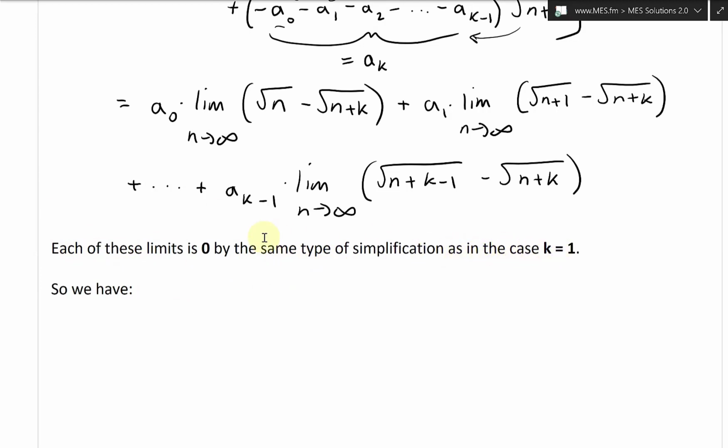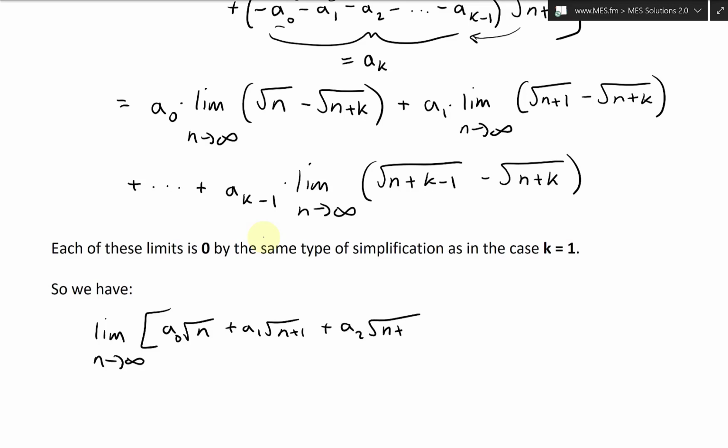So putting it all together, the limit as n approaches infinity of a0 times square root n plus a1 square root n plus 1 plus a2 square root n plus 2 plus dot dot dot, for completeness' sake, square root n plus k, all equals this, and all of this is equal to 0.